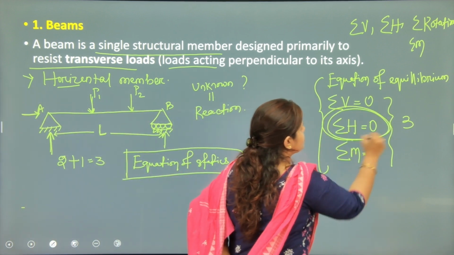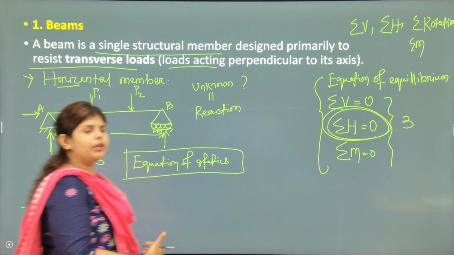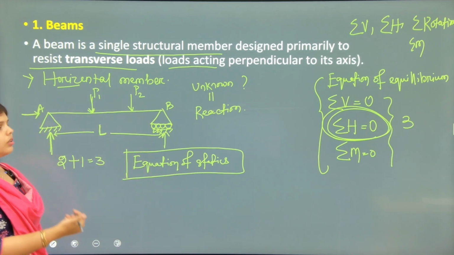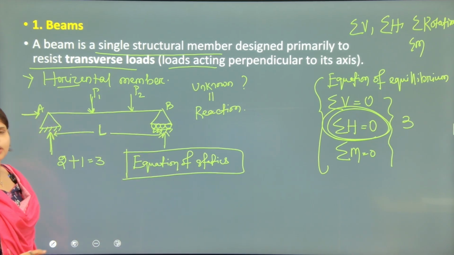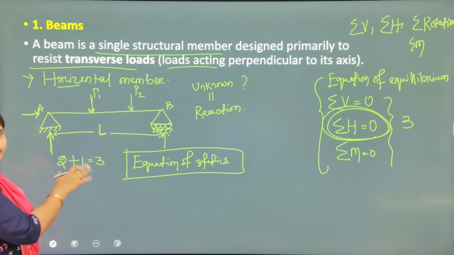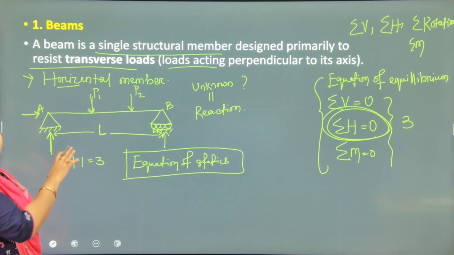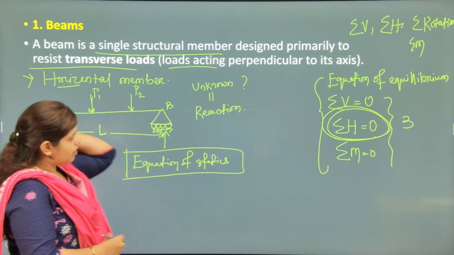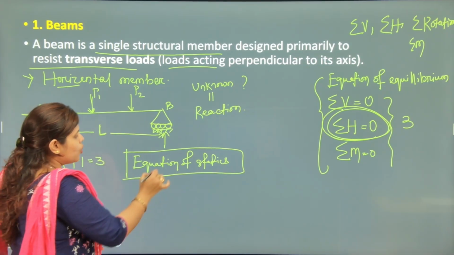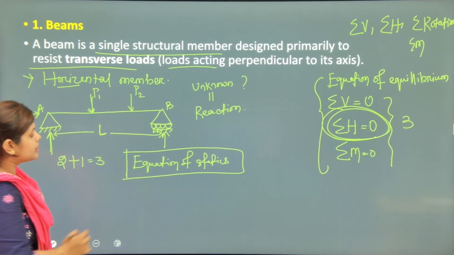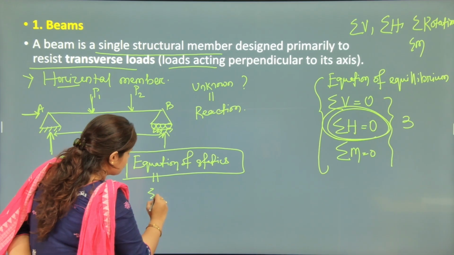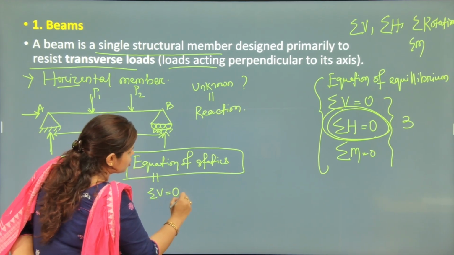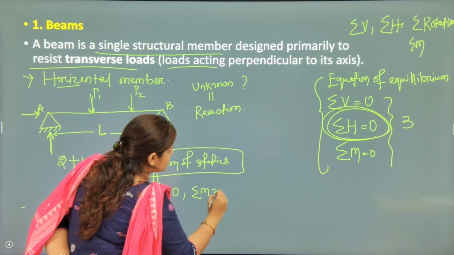We will not consider this because a beam cannot handle the horizontal load. Only a beam can tolerate the vertical load and rotation. So, in case of a beam, we will solve with the equations of statics, that is summation of vertical force equals 0 and summation of moments equals 0.